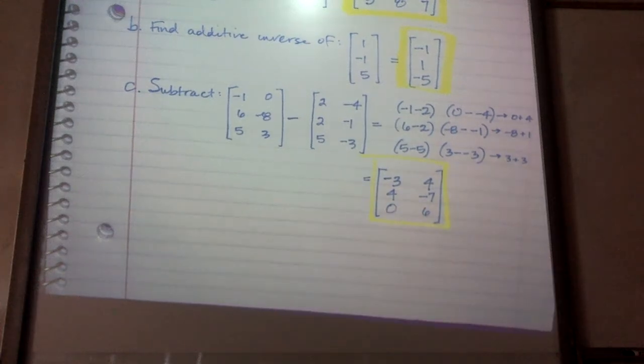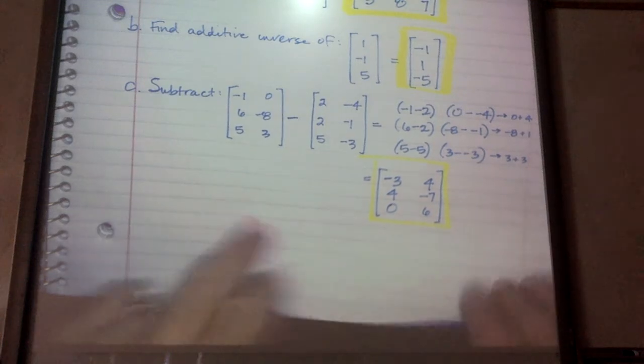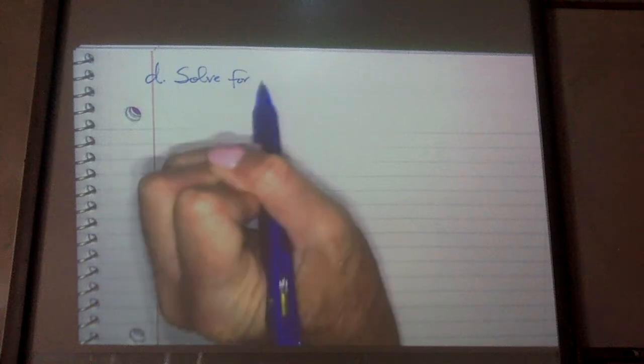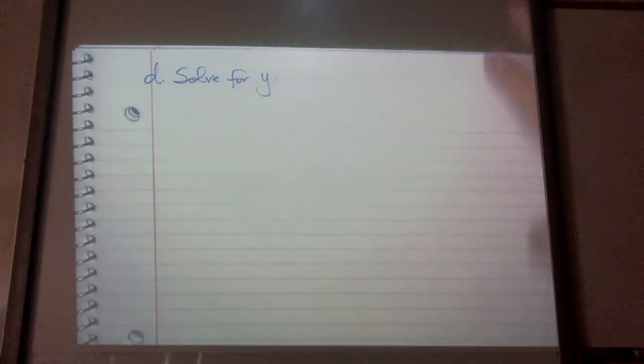All right, part D wants me to solve. And I'm just going to turn the page so it's a little easier for you to see. So part D wants me to solve for y. Now I didn't do an example because it's kind of common sense and I think you guys can figure it out.